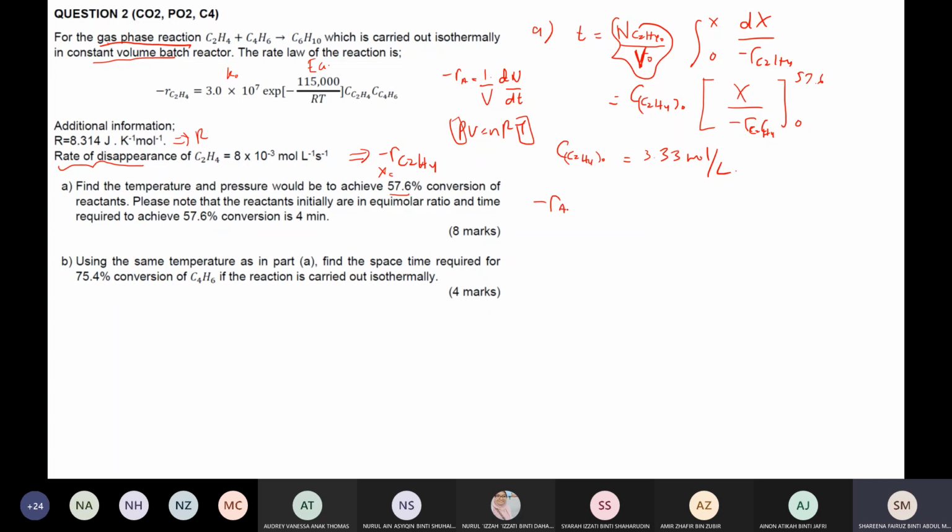Okay, so daripada situ get the negative RA. Negative RA is equal to K C2H4 dengan C4H6. Okay, so masukkan balik. So K C2H4 untuk initial, dia dah given, which is around 3.33. Mana, jap. Sekejap saya tulis.